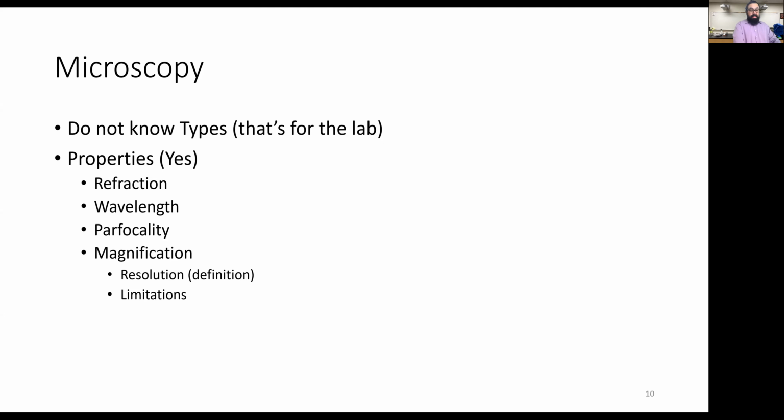For example, your standard scopes, even the ones we're going to be using in the lab this week, believe it or not, our light and compound scopes have this resolution limit called resolving power of about 200 microns.